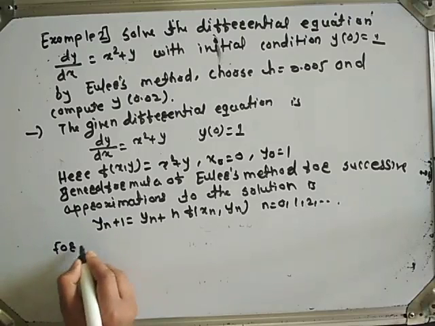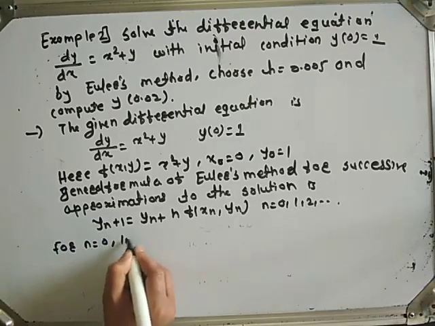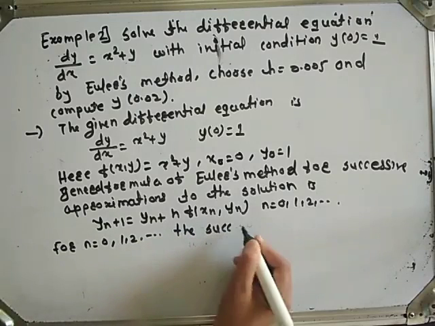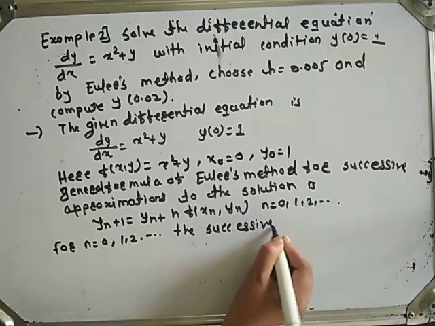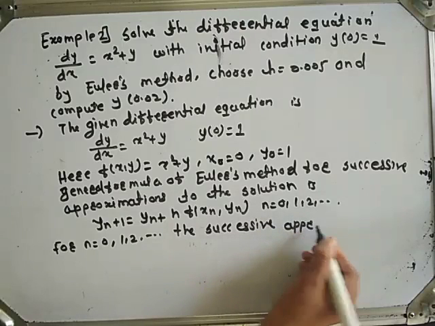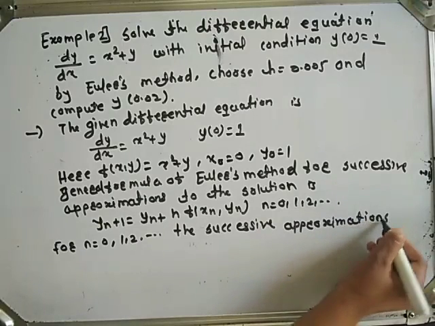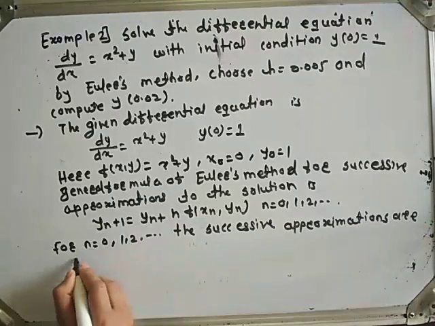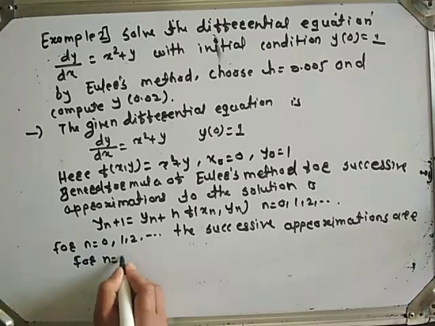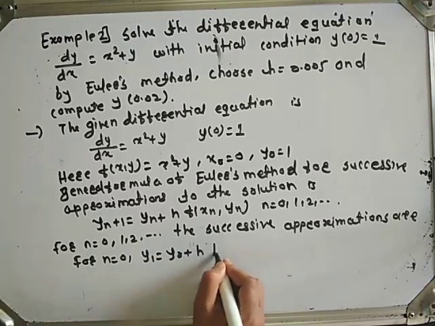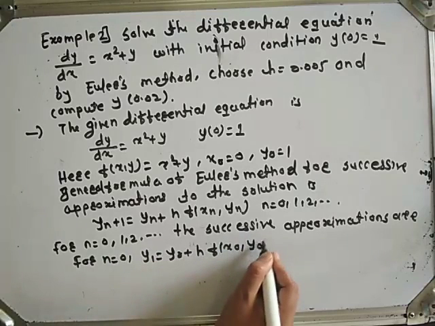For n equals 0, the formula becomes y1 equals y0 plus h into f of x0 y0.